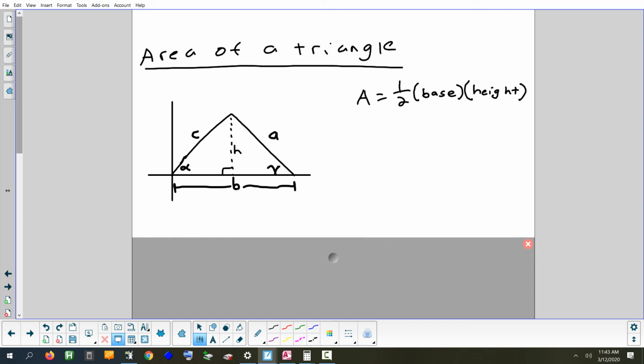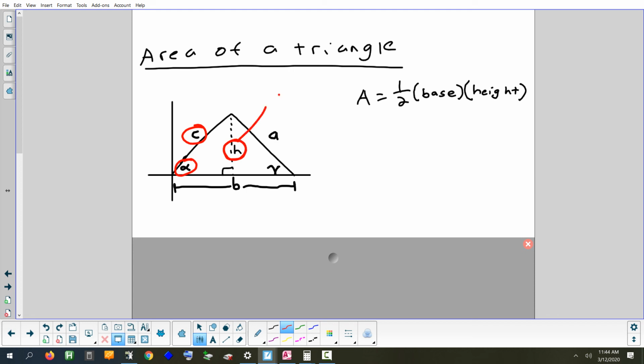Let's see what we can do if we don't know the height. I'm going to focus on the 3 things I circled in red. I'm not going to use the A or the gamma. The dotted line H stands for height. A is across from alpha, and C is across from gamma. I didn't label beta because I don't need it. What's the name of this side from the perspective of alpha?